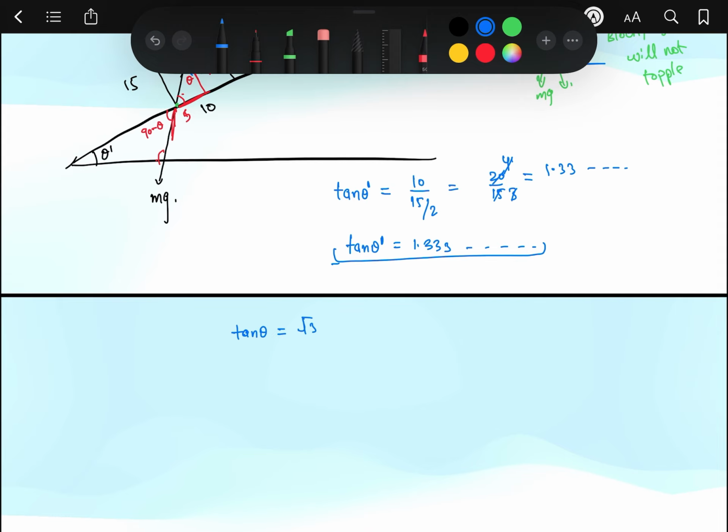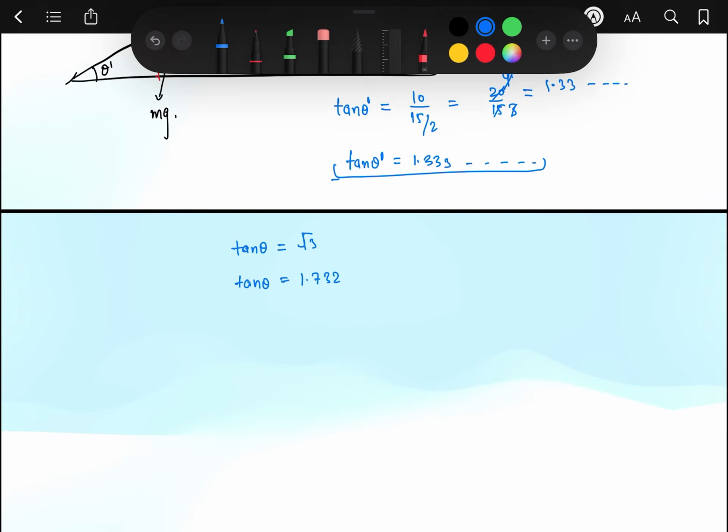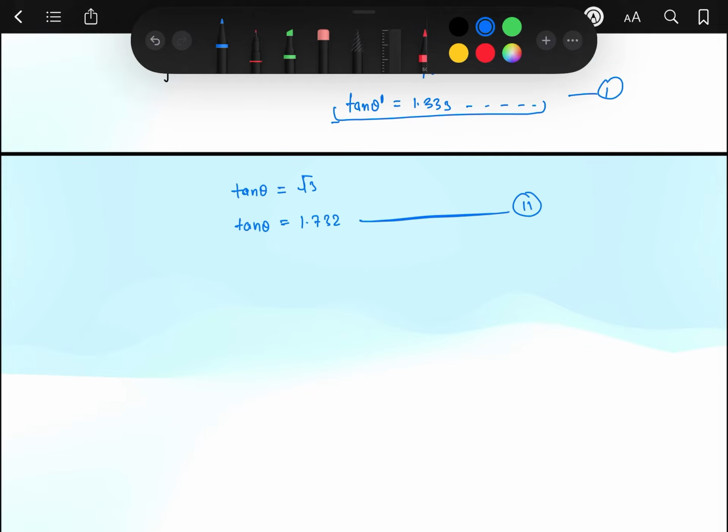So in this case, the value of root 3 is 1.732. Let us suppose this was equation number 1 and this is our equation number 2. If I compare equation 1 and 2, then I get theta dash is less than theta.